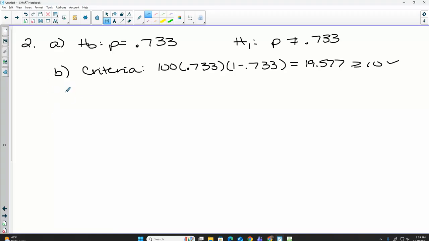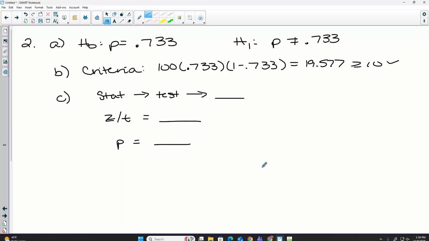I told you did not have to do this by hand, so we can test on the calculator. So, on the test, we'll say stat, test, and I'll have a blank for you to tell me which one you chose. Then I'm going to say Z or T and P. So let's go in here. We have stat, tests.